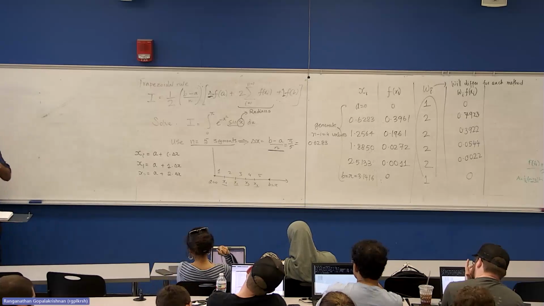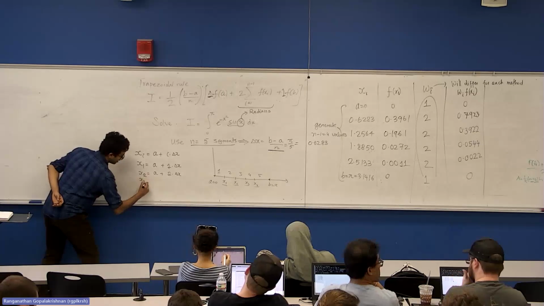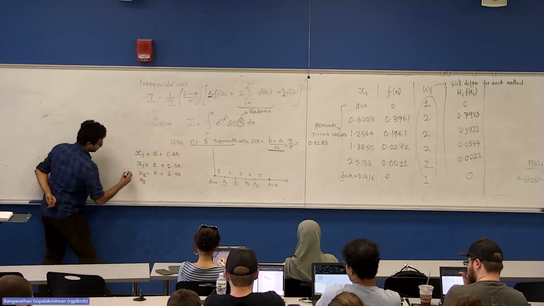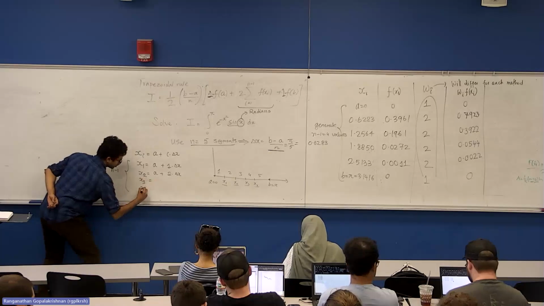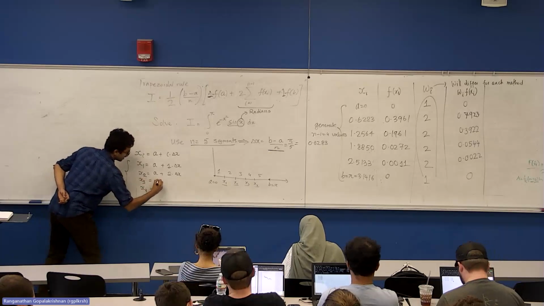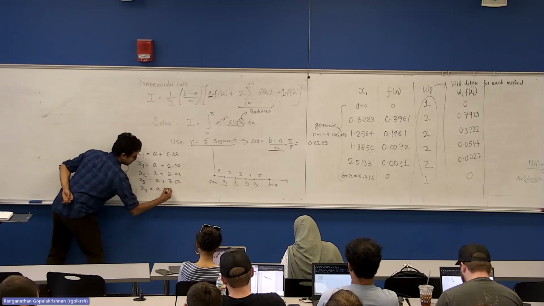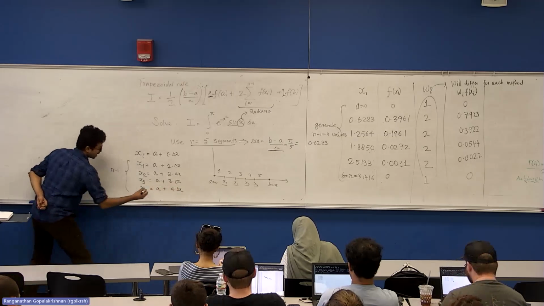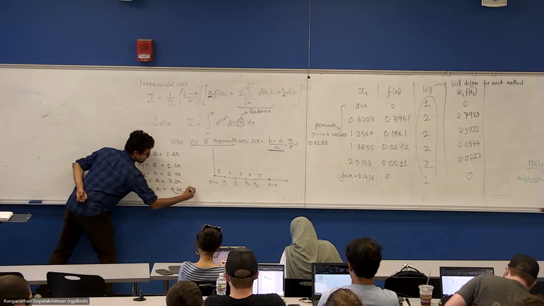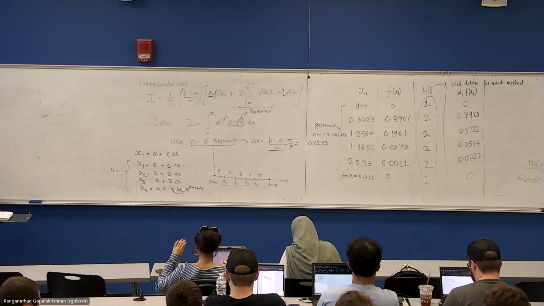Sorry, I might have skipped over that. Thank you for asking. So if you have 5 segments, you are going to have n minus 1 intermediate values. So x3, x4: a plus 3 delta x, a plus 4 delta x. Or 4 is nothing but n minus 1. Thank you for asking that.